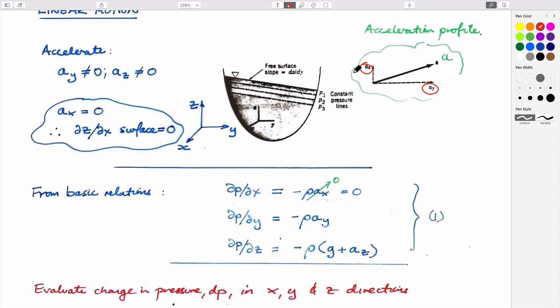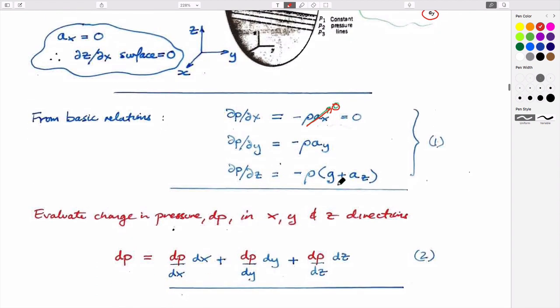This is positive z upwards. And so this is positive ay, this is positive az, and a combination of them is this inclined vector, which is the vector sum of those two vectors. We're going to assume that the acceleration in the x direction is 0, just because we're not looking at that plane. We're only looking at a two-dimensional system.